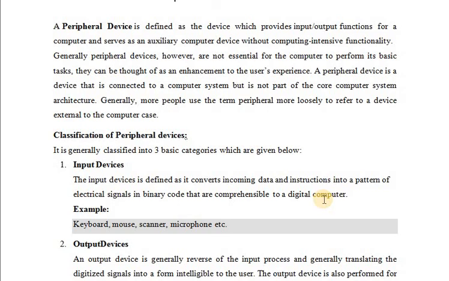Input devices are keyboard, mouse, scanner, microphone, etc. Output devices are monitor, headphones, printers. Storage devices are hard disk, magnetic tapes, pen drives, external hard disk. These input, output and storage devices we call peripheral devices.